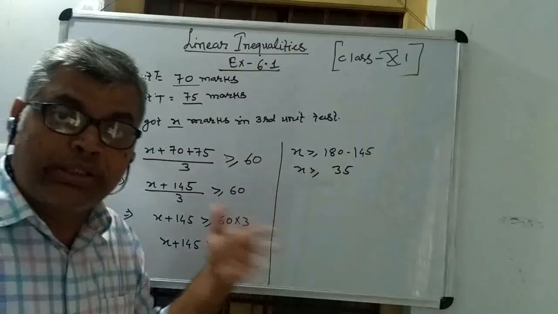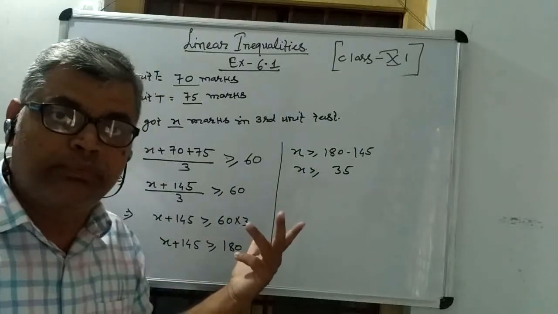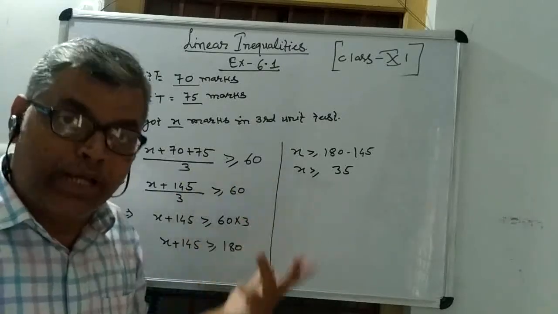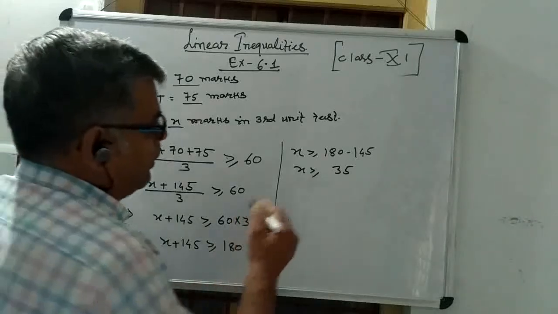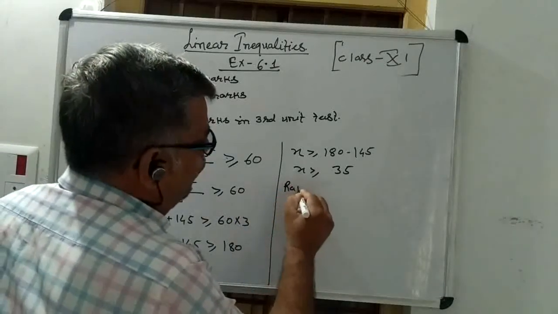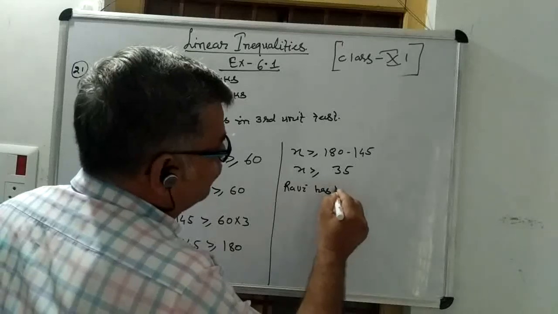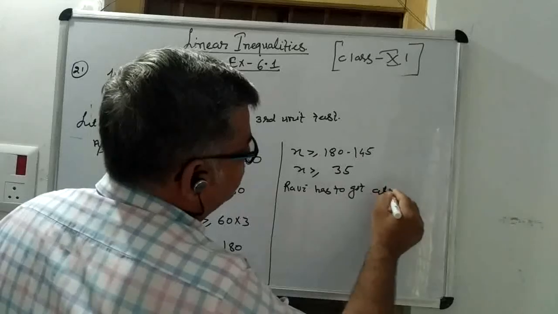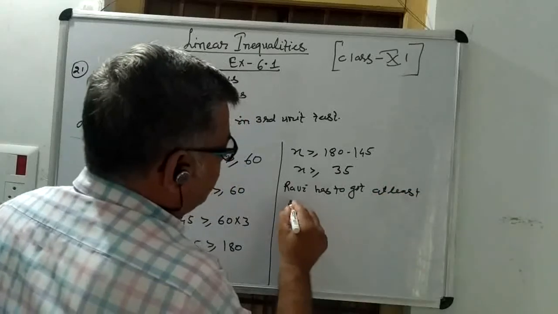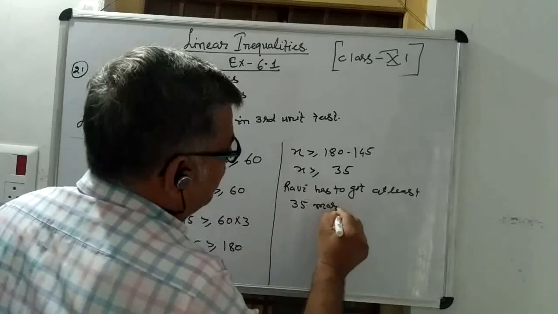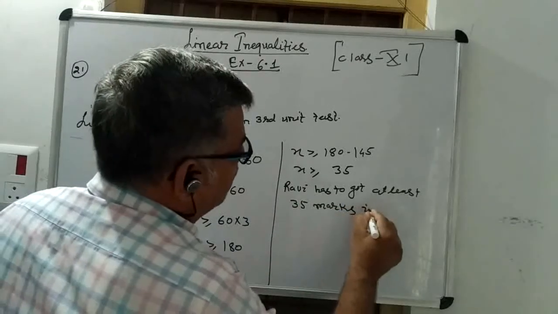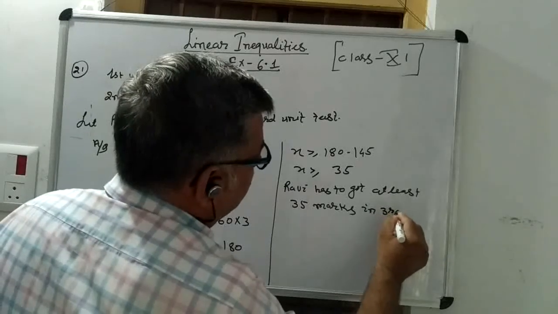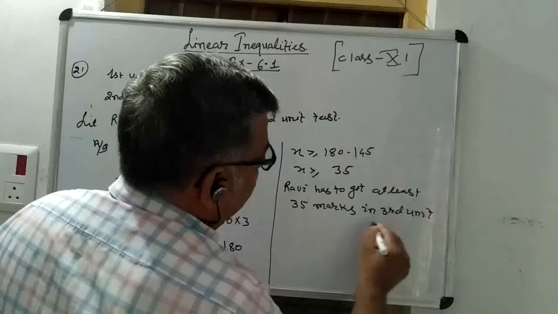If he gets more than 35 marks in the third test, then the average of the three tests will be more than 60. So your answer is: Ravi has to get at least 35 marks in the third unit test.